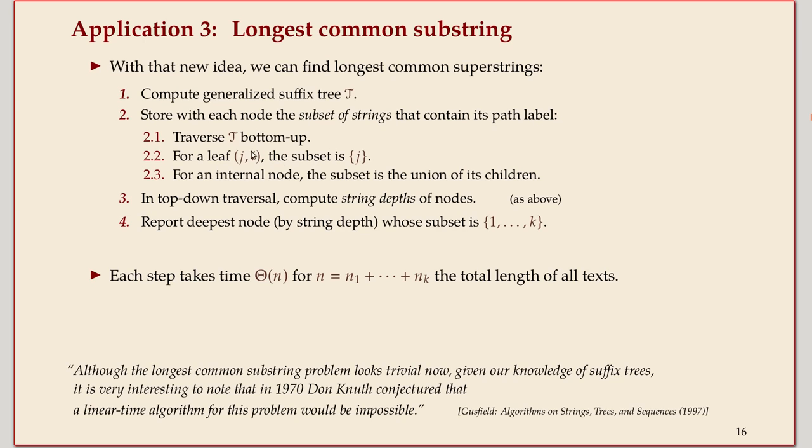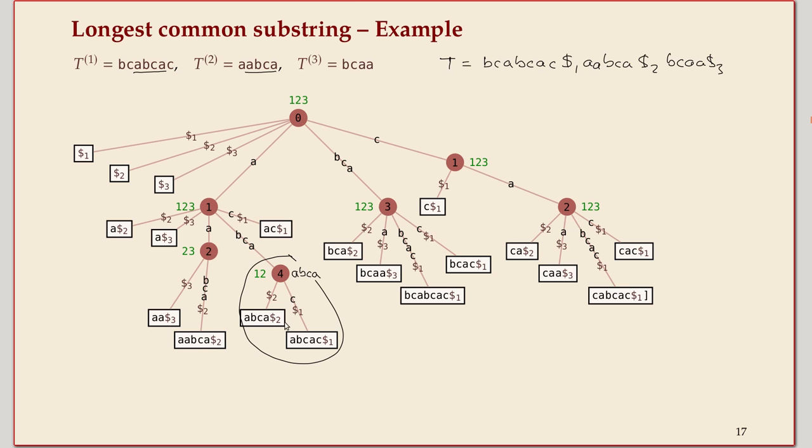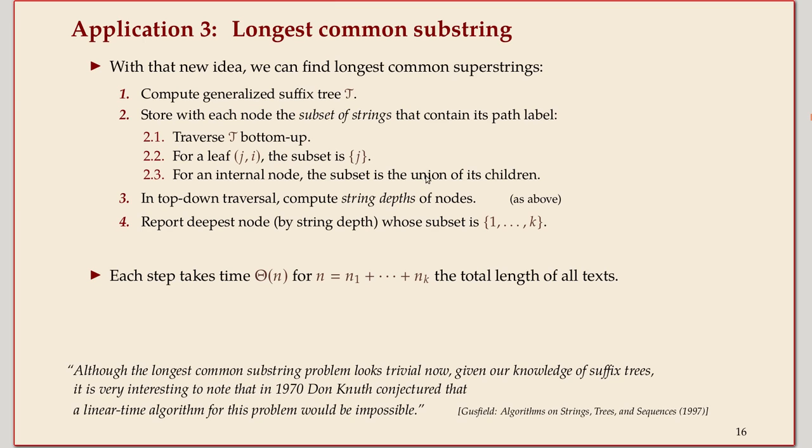So by this modified index in the leaf, you know which string it belongs to. So the leaves are clear. They're just the single one. So in our example, this leaf has just the 2 because there's a $2. This leaf has a 1 because there's just $1. And for every internal node, you take the union of your children, and that's it. That way you compute the labels bottom up, and then you know for each node, is there an occurrence of the path label to this node in any of the strings?